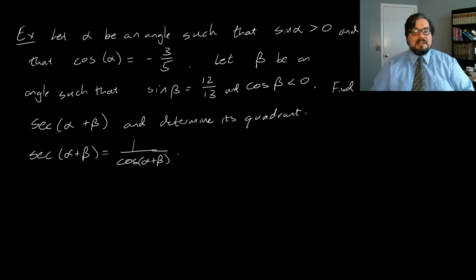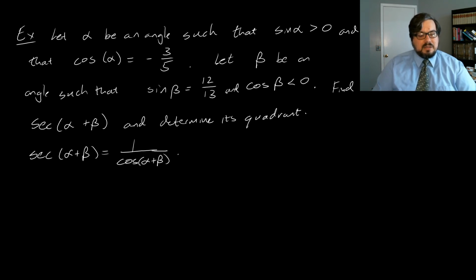And then we want to find secant alpha plus beta and determine its quadrant. So we're going to find cosine of alpha plus beta and use that to find secant of alpha plus beta. Let's leave the quadrant for a moment.